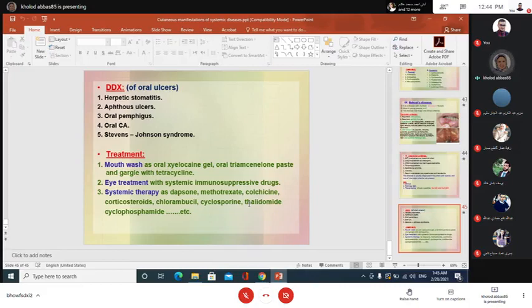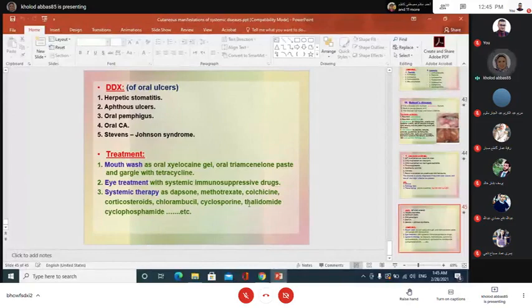For the mouth we give topical lidocaine, oral triamcinolone paste, or gargle with tetracycline solution, because gargling enhances healing. Other topicals such as honey and other remedies help the healing of the ulcer.